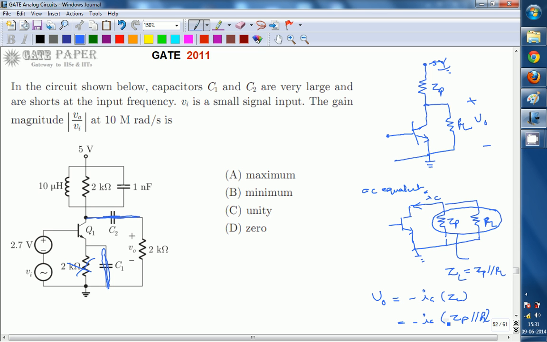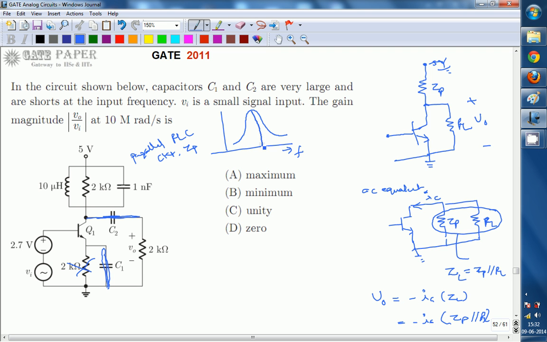What is meant by ZP then? ZP is the effective impedance of this parallel RLC circuit. The graph of impedance versus frequency is given like this. The impedance is maximum at the resonant frequency.